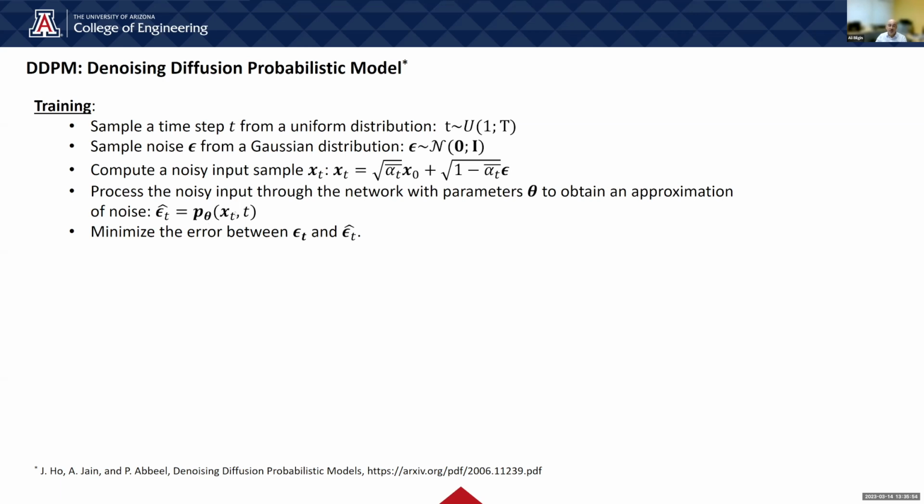The goal of the network is to predict the noise, not the mean, but this is one practical way of doing it. The goal of the network is to predict the noise at that stage. And then your optimization is, since you already know the noise that you put in and you know what the network estimates, you are trying to minimize the error between these two and pick network parameters that will minimize this error.